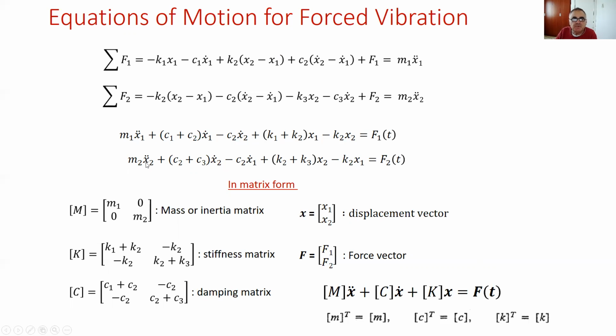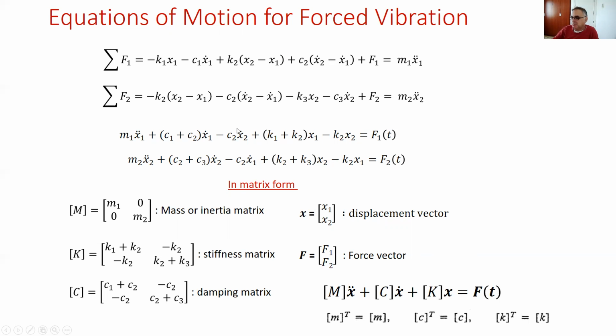On the other hand, for the x2 equation, we have the x2 double dot term, x2 dot term, and x2 term here, but the x1 terms now come with negative coefficients. And on the right-hand side, you have F1 and F2, the external forcing terms. Now, you have two second-order differential equations which are coupled, which means that the x1 equation contains x2 in it, and the x2 equation contains x1 in it.